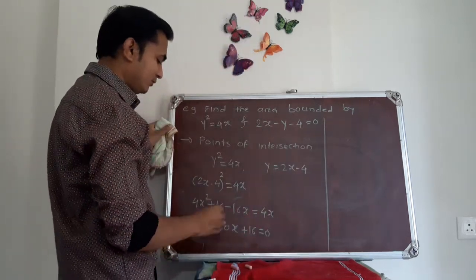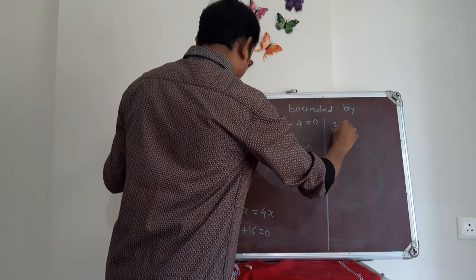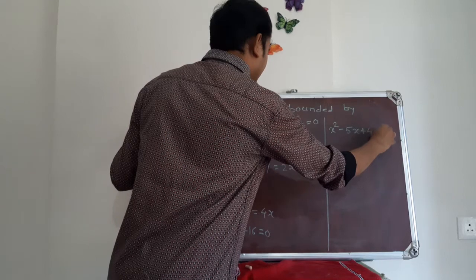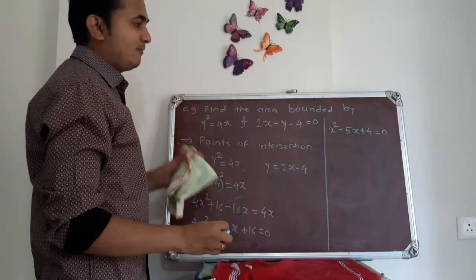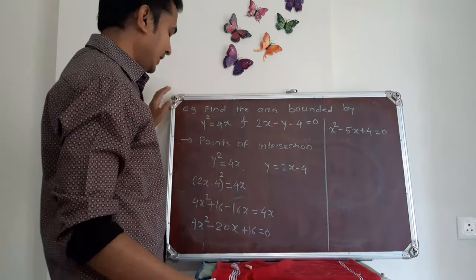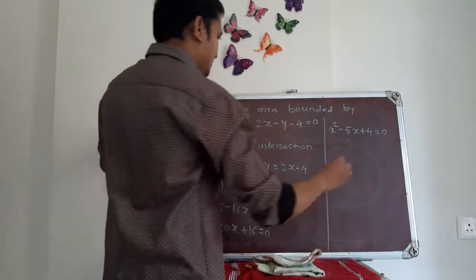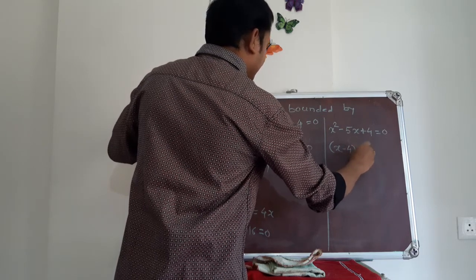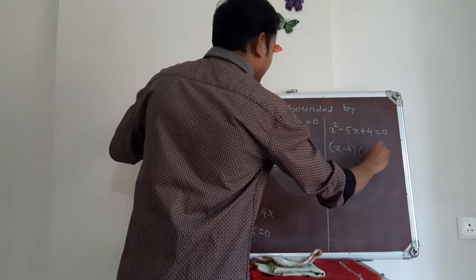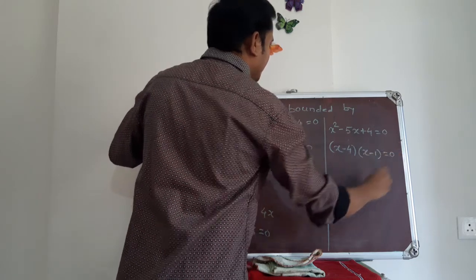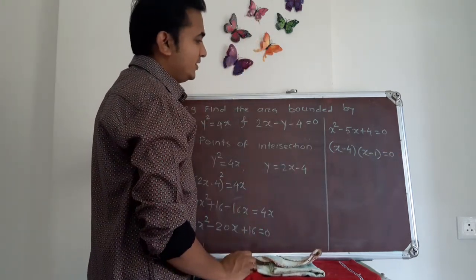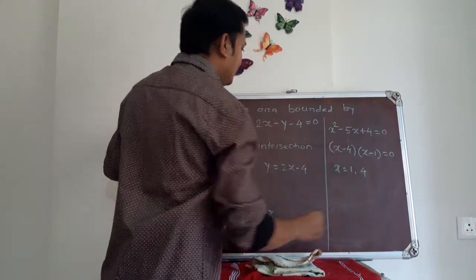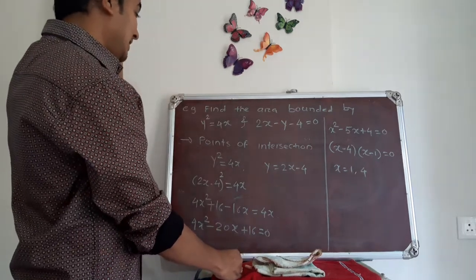So if you divide by 4, you will get x square minus 5x plus 4 equal to 0. Okay, so this is (x minus 4)(x minus 1) equal to 0. You can check x square minus 5x plus 4. So x is equal to 1, 4. So what will be y?